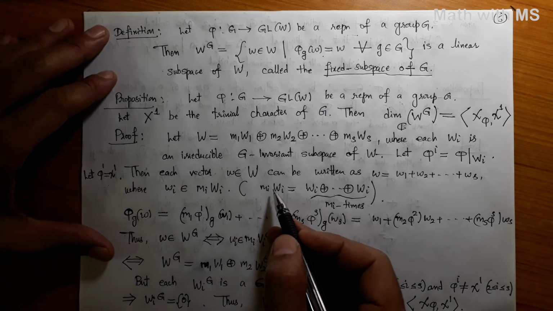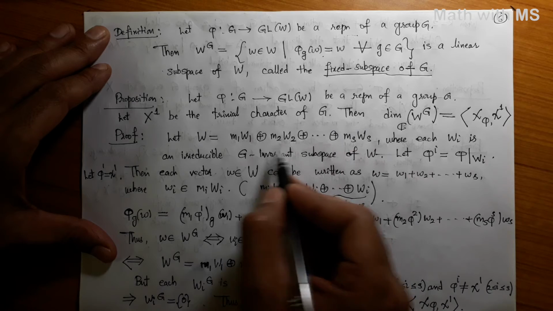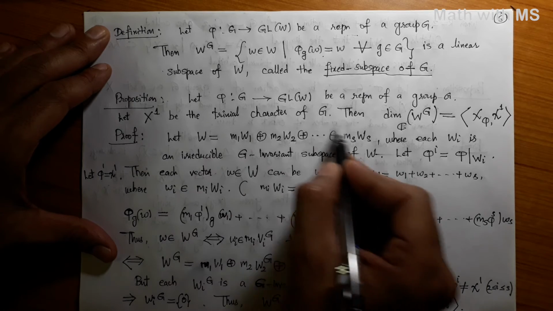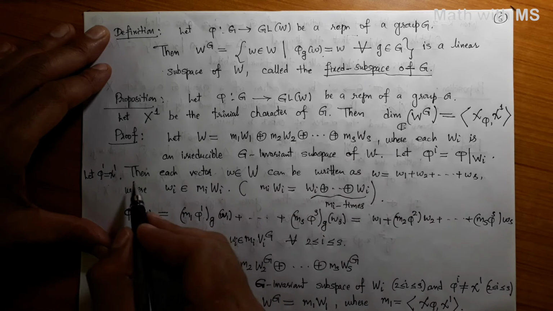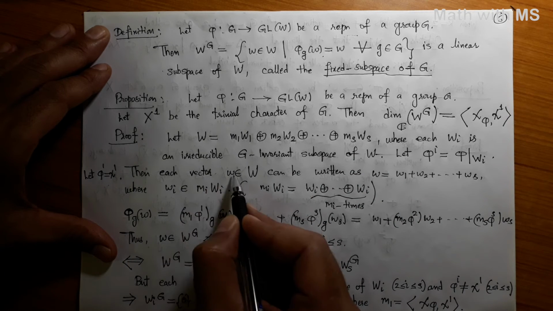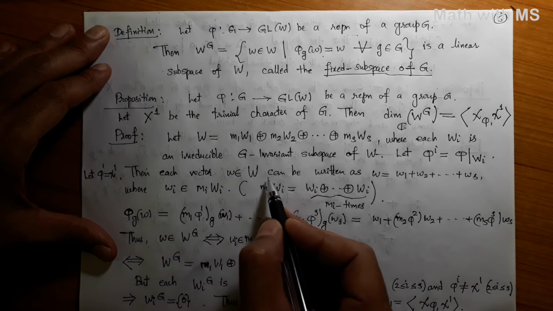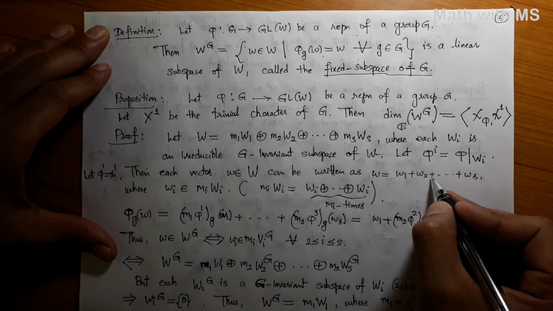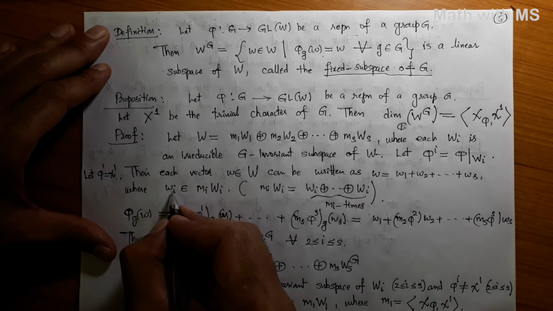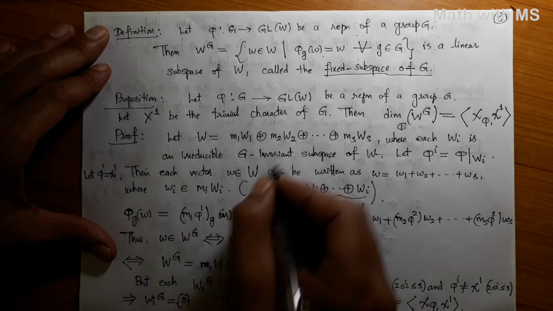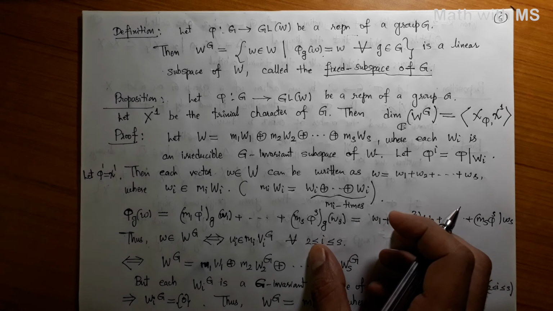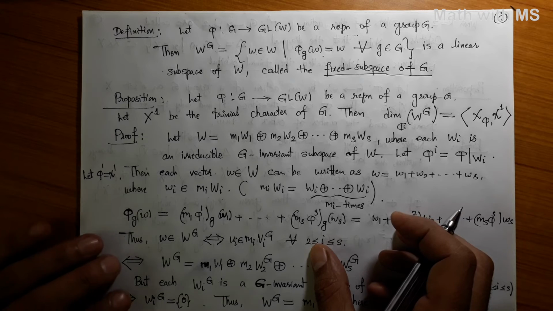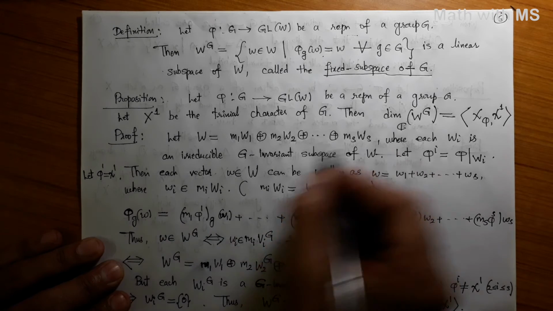Now, since W is this direct sum, every vector in W has a unique representation as a vector from this plus a vector from this plus a vector from this. So for each vector small w in capital W, we can write it as w1 plus w2 plus so on plus ws, where little wi belongs to this ith sum mi Wi. Recall here that mi Wi is just the direct sum of mi copies of Wi. Now let us evaluate the representation on this vector.